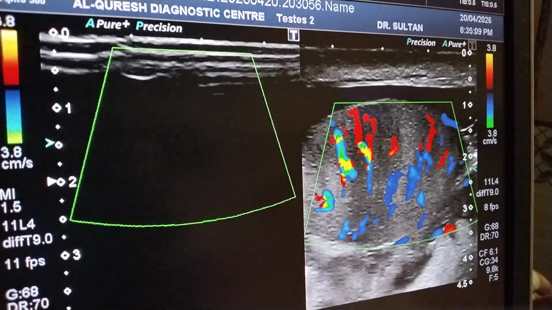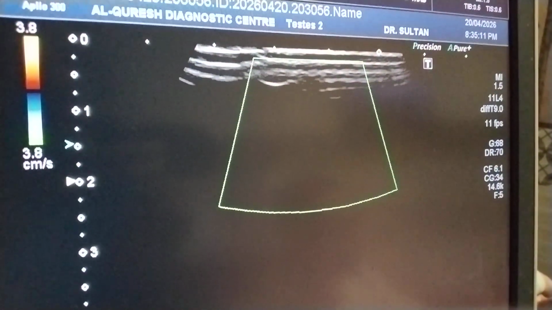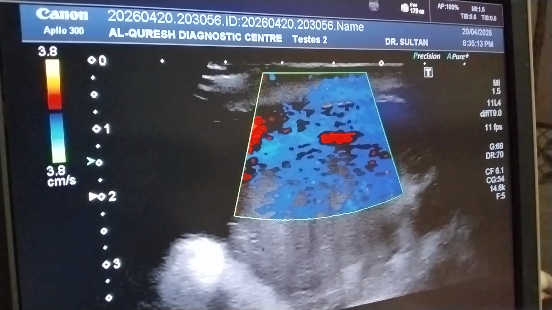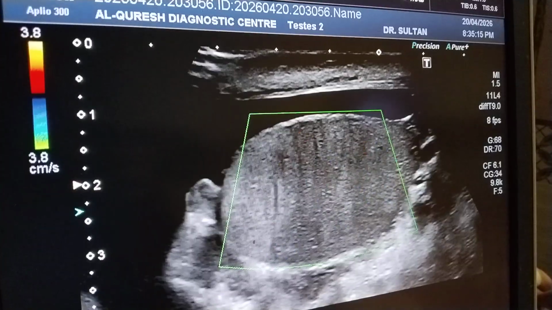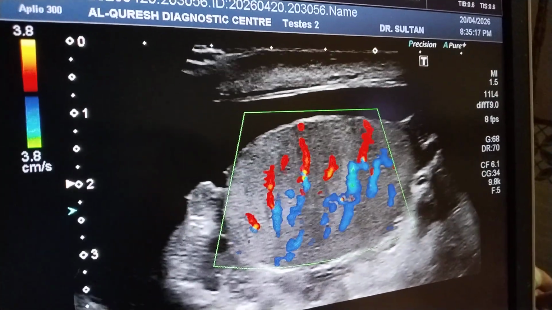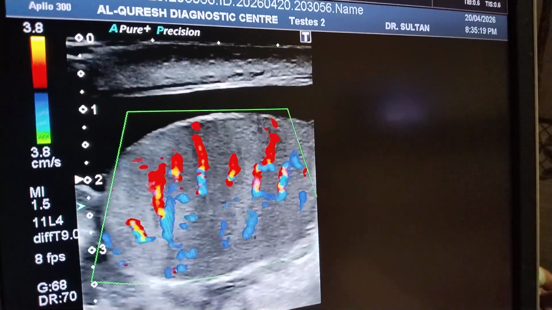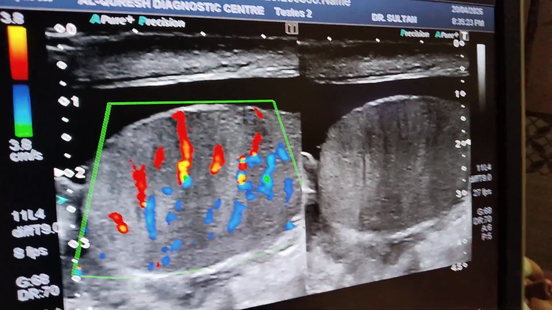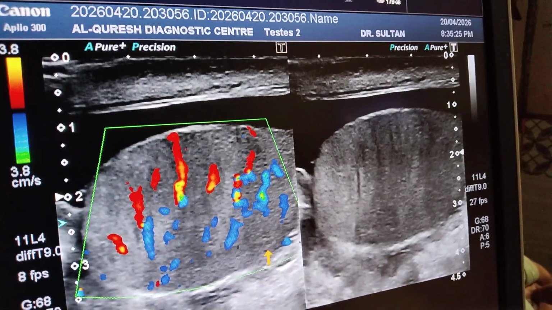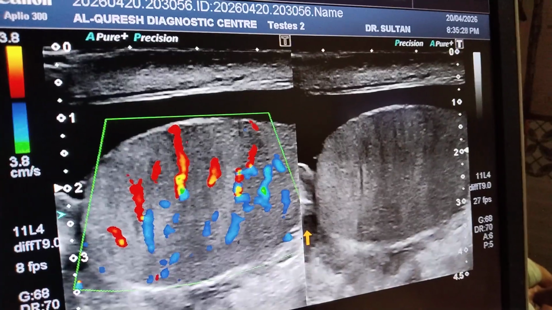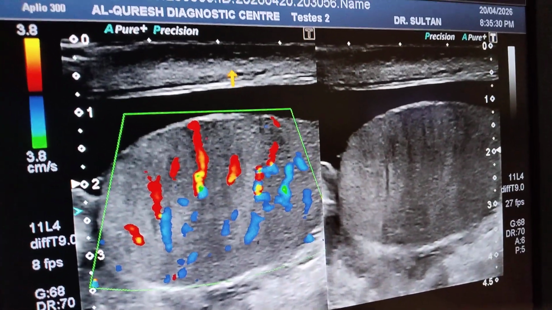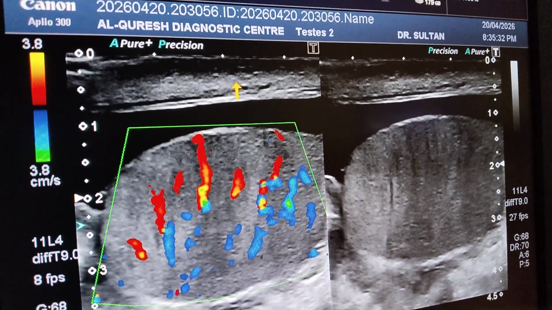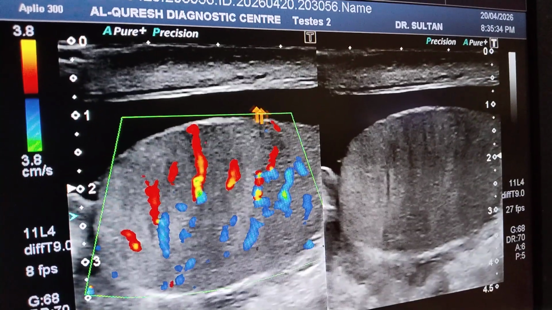So we have seen 4 findings in the left testes. Number 1, increased scrotal thickening. Number 2, hydrocele.